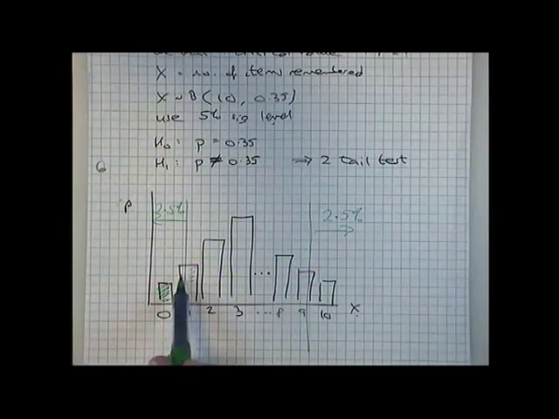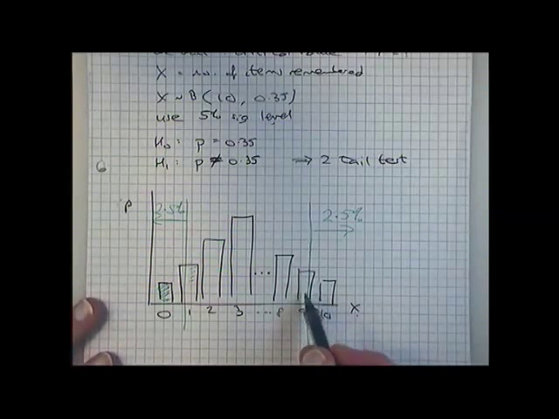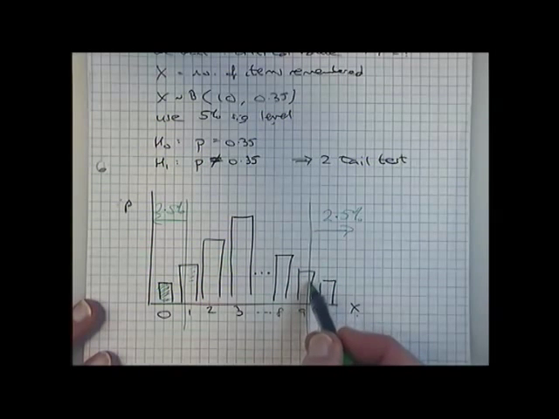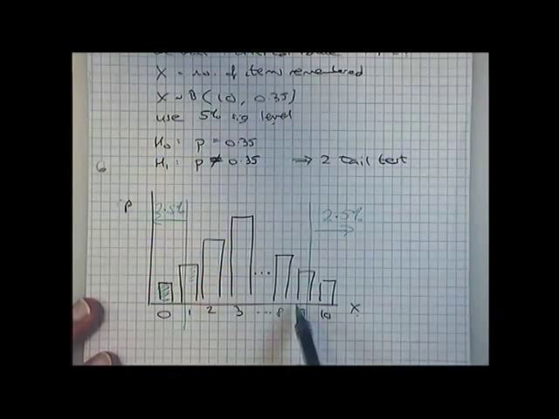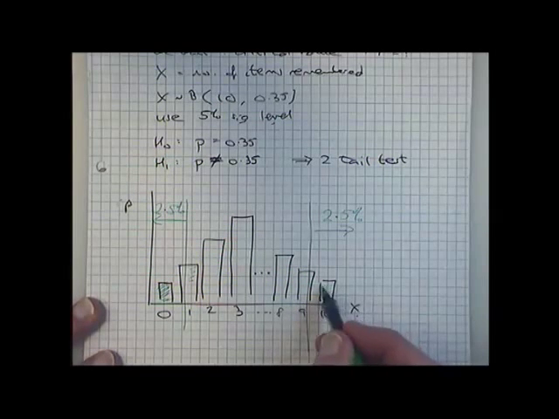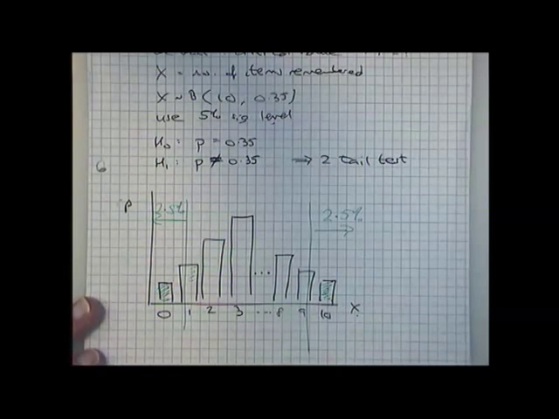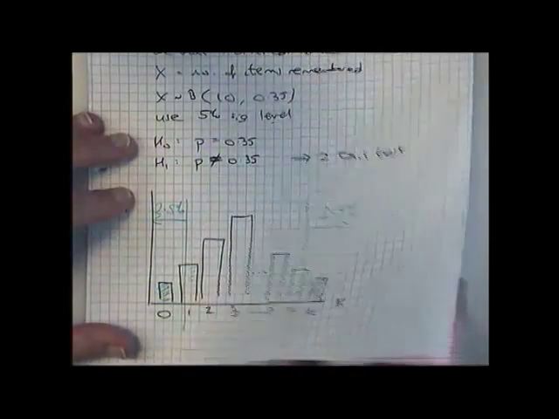And over here, likewise, if we got a 9, only some of the probability is in the tail, so we couldn't say that we would reject H0. We would only do it if we got 10. That becomes important later on. Those green lines were just drawn in a random place to demonstrate a point. What we're going to do now is do the calculations and see what we actually get.